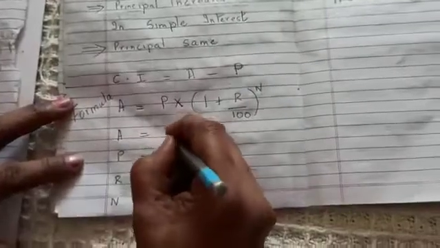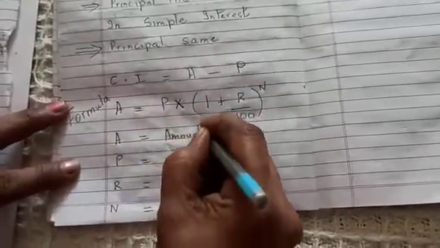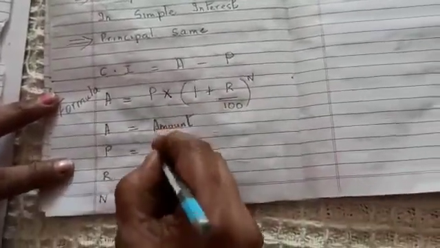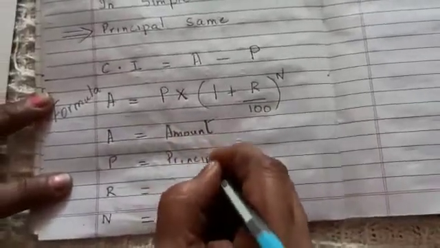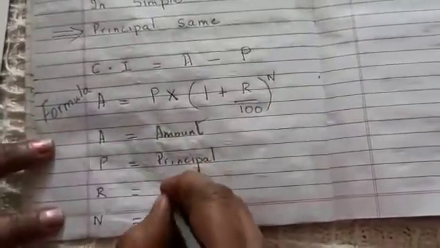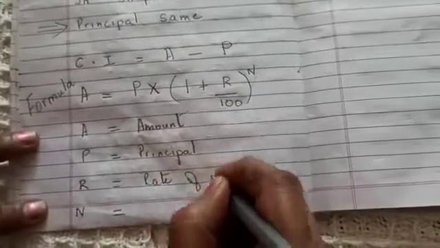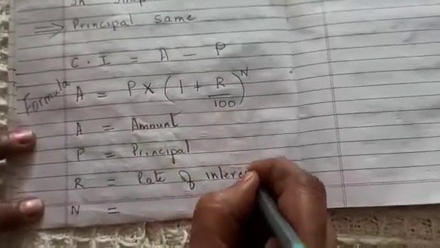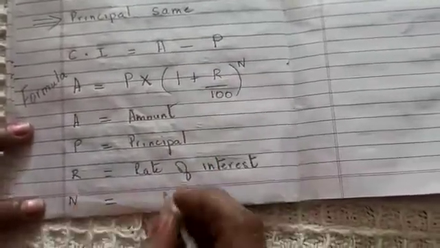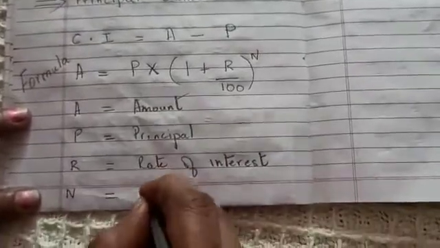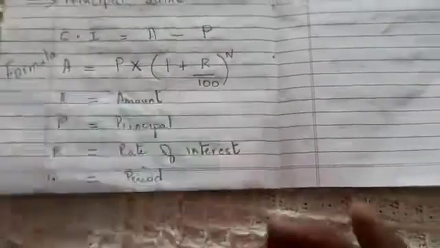A is the amount. P is the principal. R is the rate of interest. And n is the period, that is the number of years.